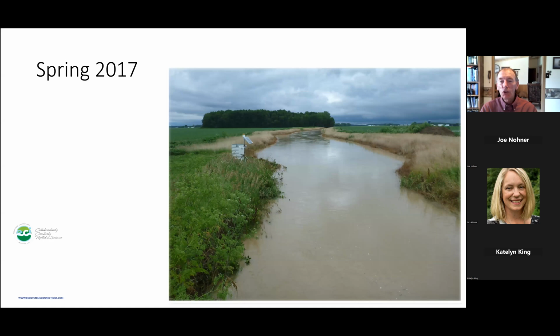Now, does it reduce nutrient and sediment export? Minimally, because by this time, once sediment and nutrients are in the water, it's just a function of time until they're going to continue to move downstream until they're deposited at some point. And so this is what it looked like in 2019.